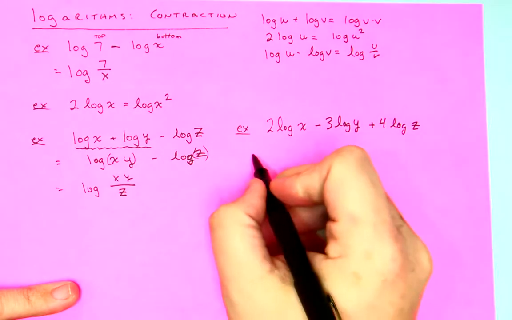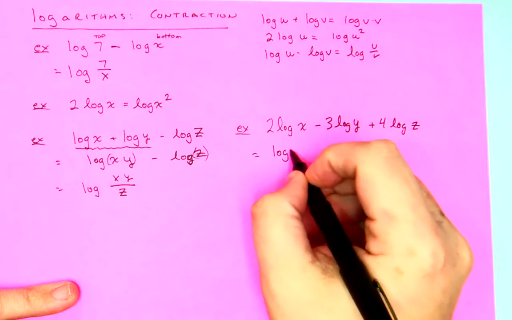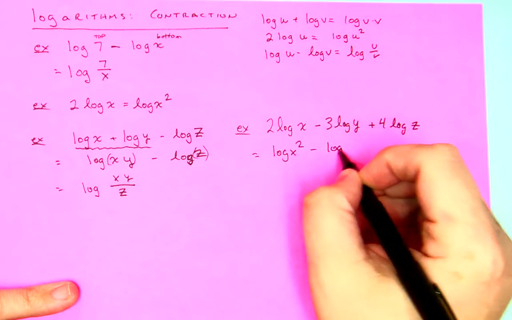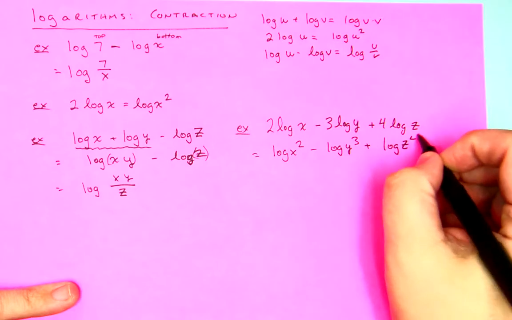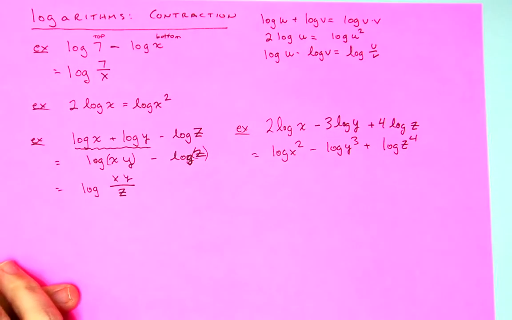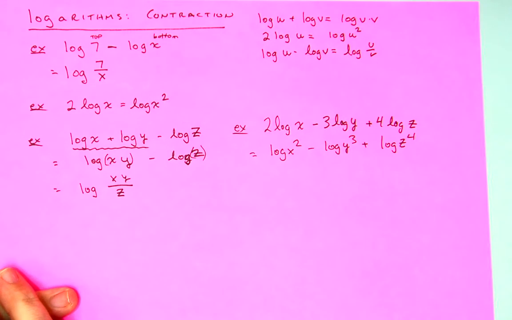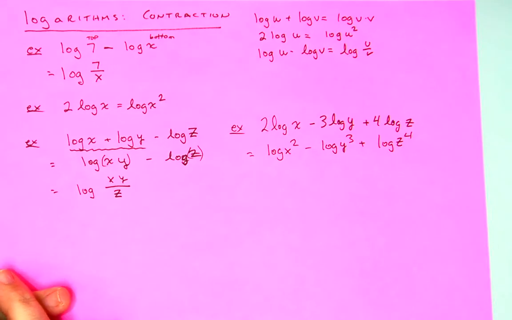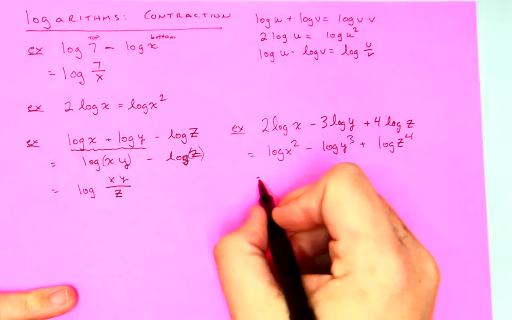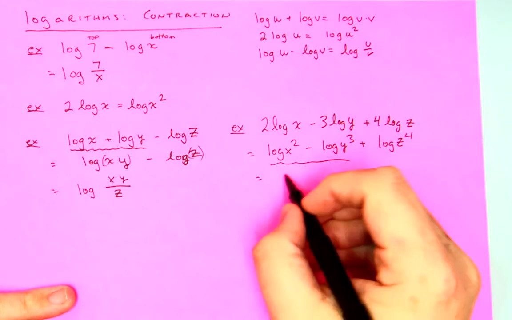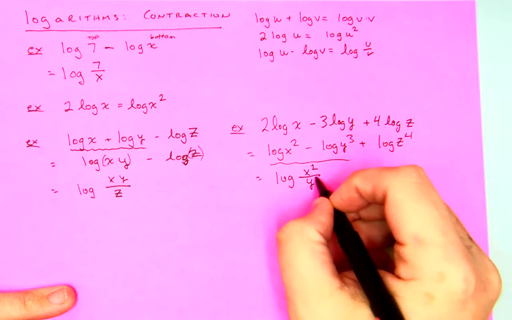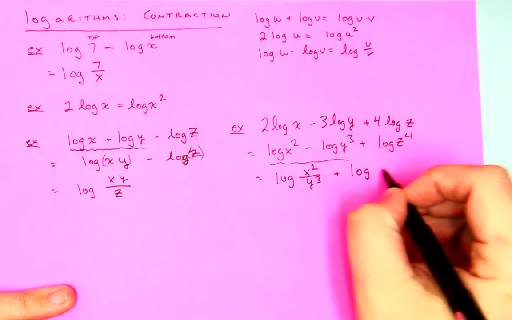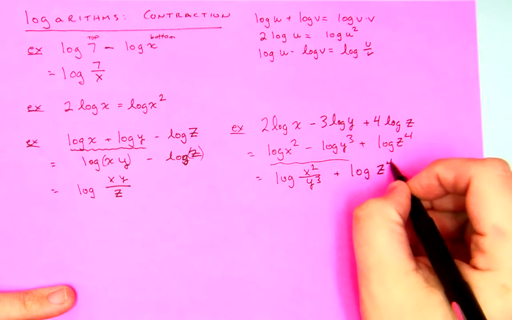And if you wanted to, we could say, alright, well, this is the log of x squared minus the log of y cubed plus the log of z to the 4th. And since multiplication and division are kind of the same situation, why don't I start here? Log, this says x squared over y cubed plus the log of z to the 4th.